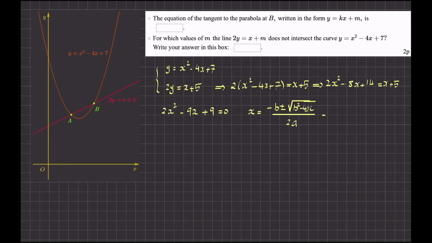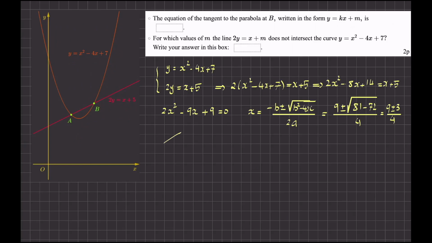So -b becomes 9, plus or minus the square root of 9 squared, 81, minus 4 times a, which is 8, times 9, which is 72, and then divided by 2 times a, which is 4. But 81 minus 72 is 9. The square root of 9 is simply 3. So it becomes (9 ± 3) divided by 4.